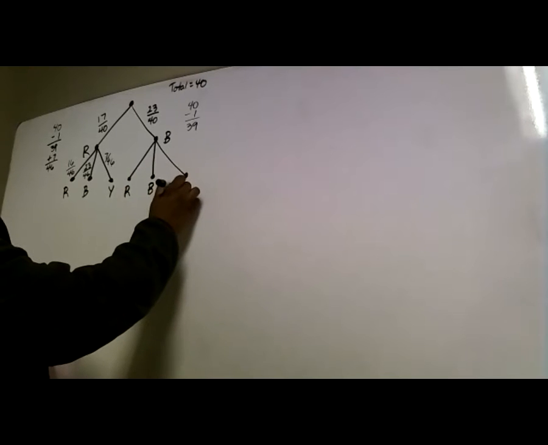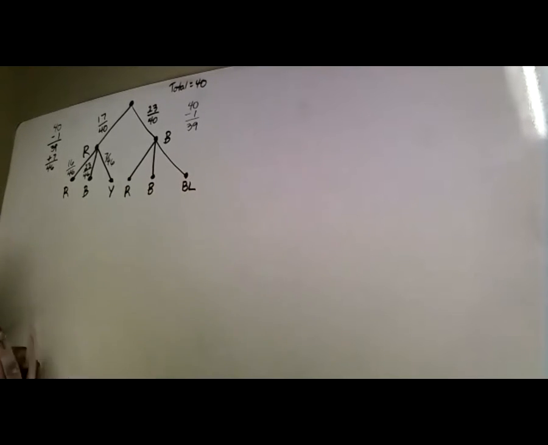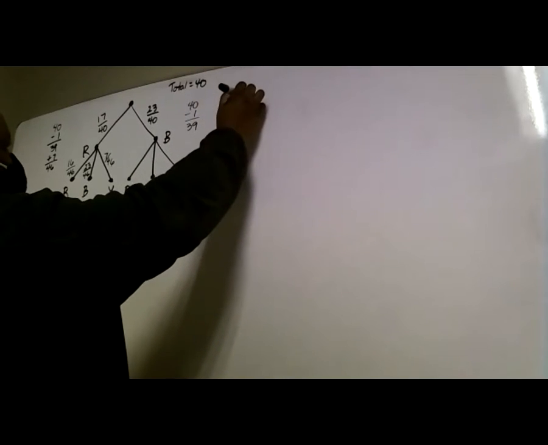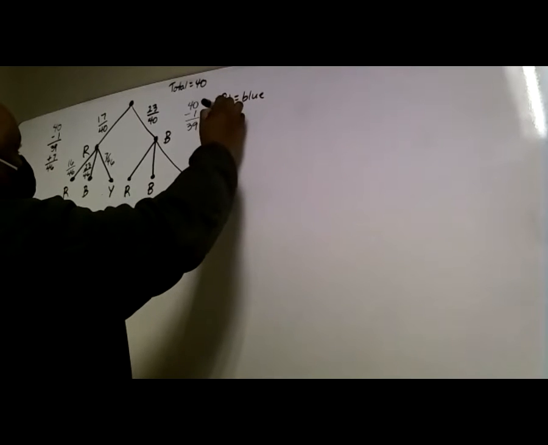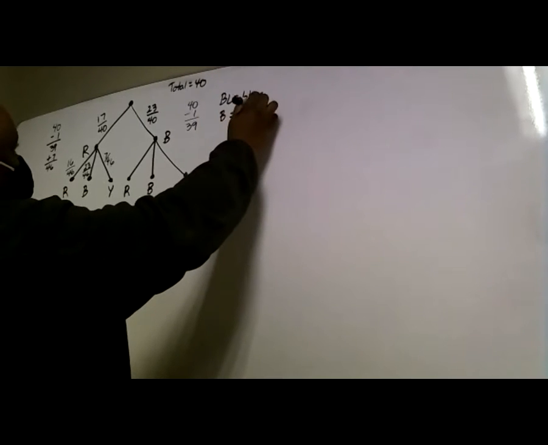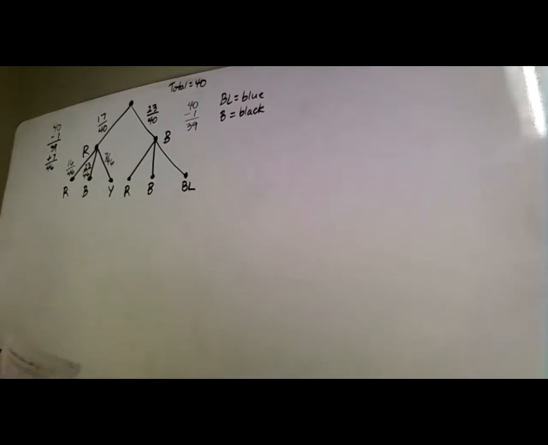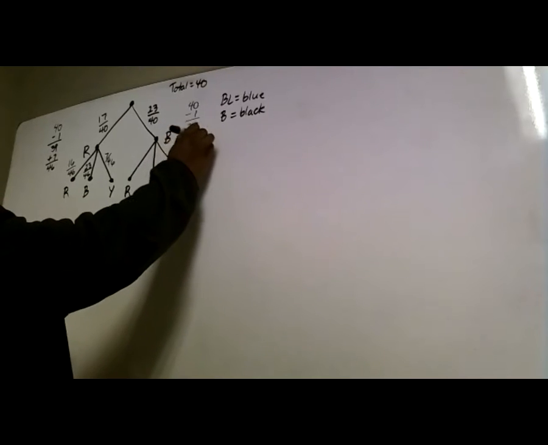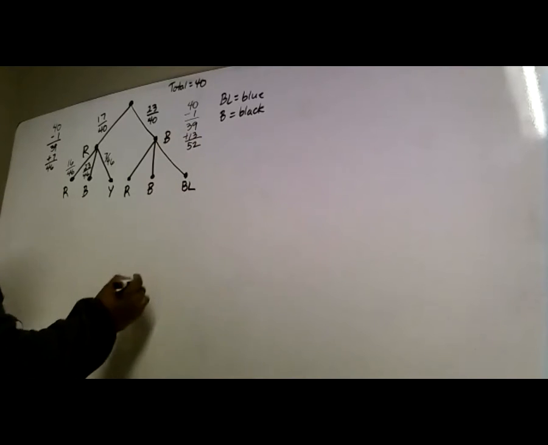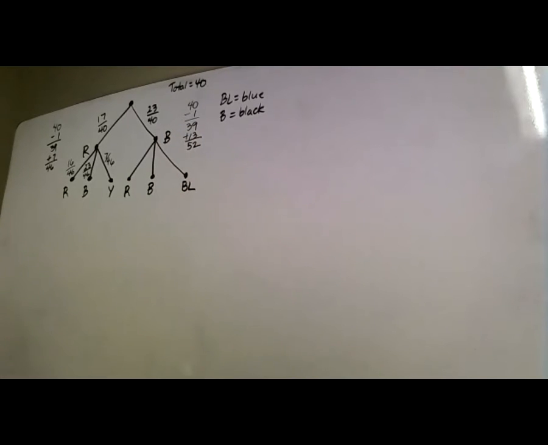And I'm going to say BL for blue, and then B for black, to distinguish those two. We're going to add 13 blue marbles to the jar. So that means instead of 39, we're going to be up to 52. So each one of these will be out of 52.